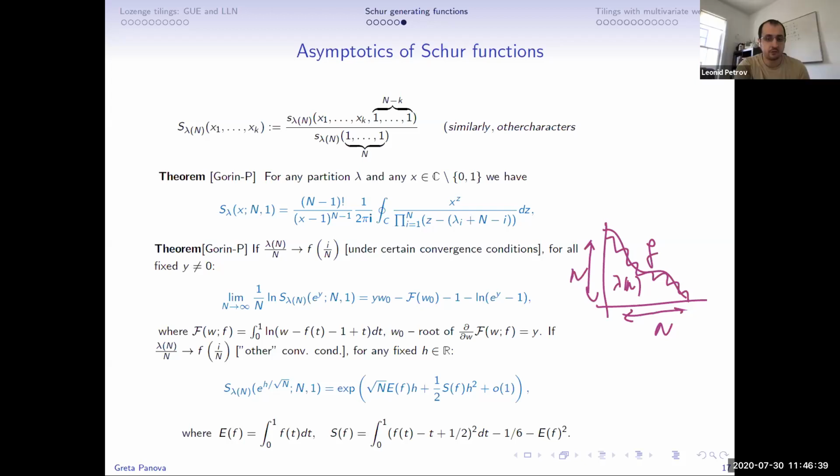So there is x to the z, which is not great for z around 0, right? The original formula will have all these guys inside the contour, actually.